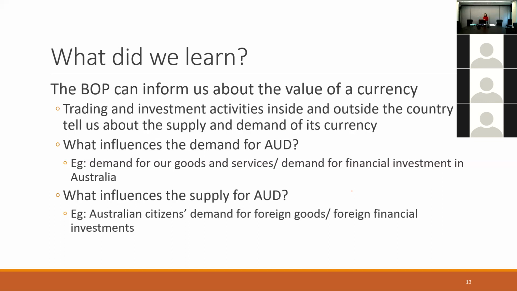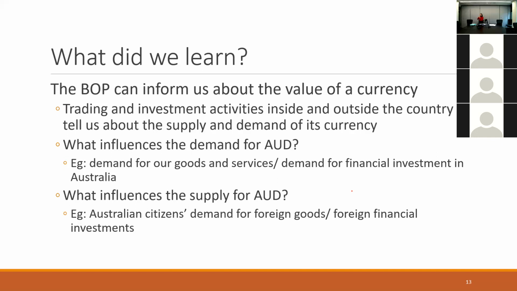In terms of supply, what are the factors that influence the supply of Australian dollars? For example, if Australian citizens go out to buy goods and services overseas, whenever we acquire goods and services from overseas, we need to pay them. And as we pay them, we supply Australian dollars into the international market, right?